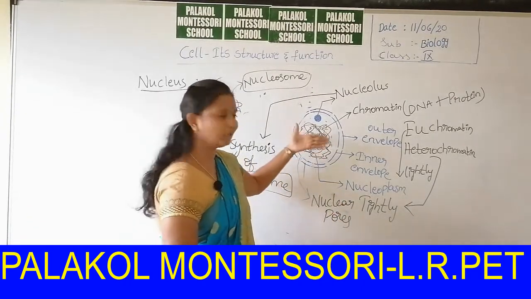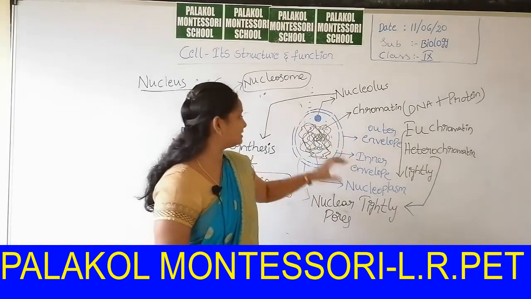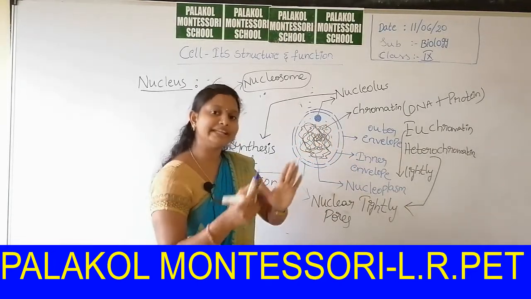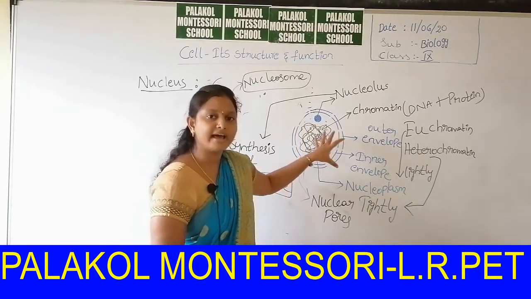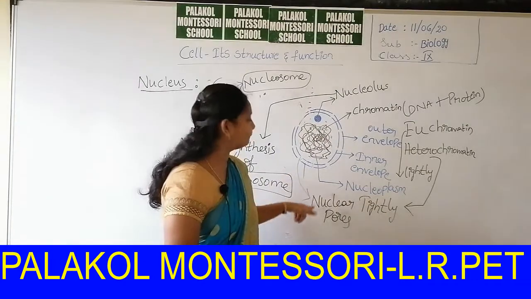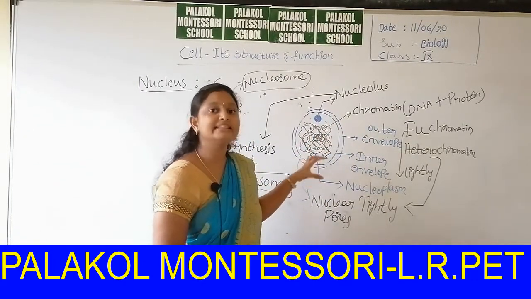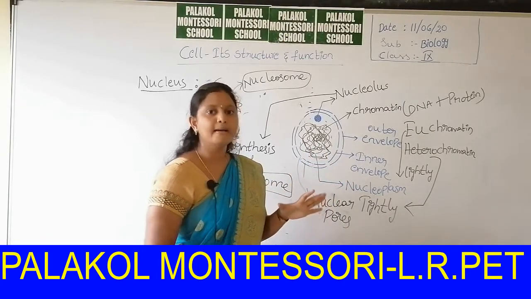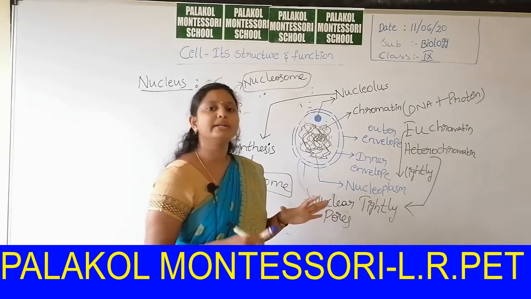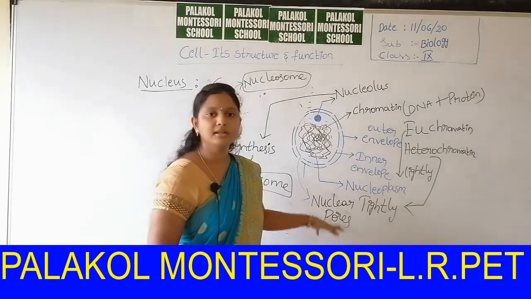Because inside the nucleus RNA is synthesized from DNA. The synthesized RNA comes through these pores and enters the cytoplasm of the cell, where it is involved in protein synthesis. That's why the nucleus has nuclear pores.